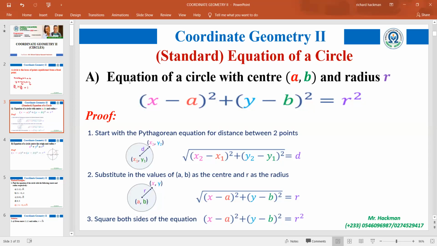So, the equation of a circle with center. Just like lines, when you want to get the equation of a line, you need a gradient and a point. However, for circles, remember I told you a circle's definition depends on the center and the radius. So if you want to get the equation of a circle, you will need these two pieces of information, the center and the radius.